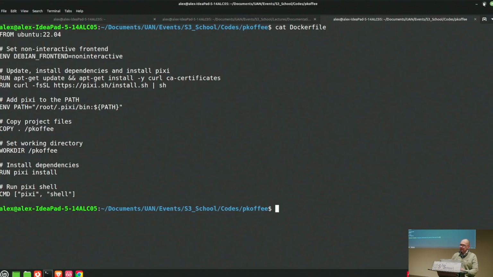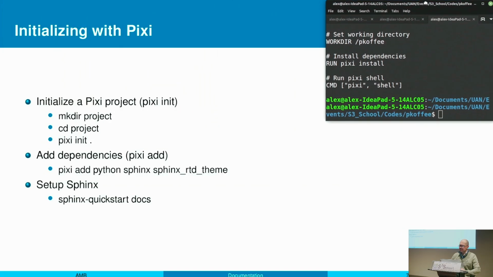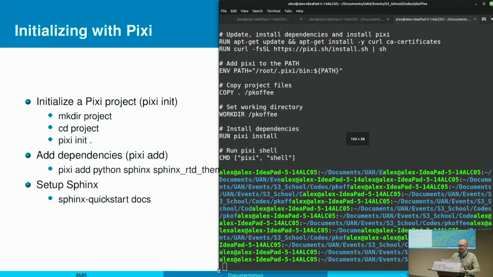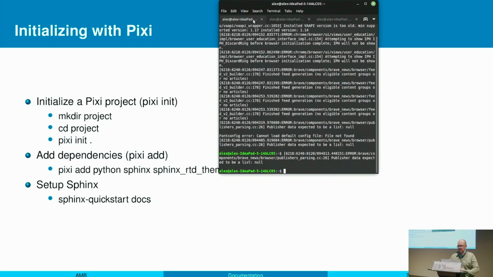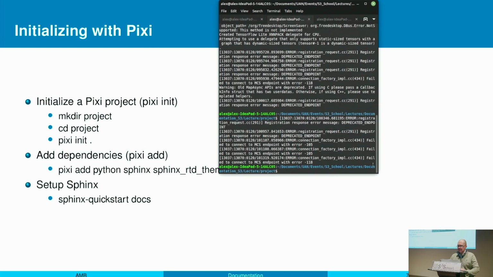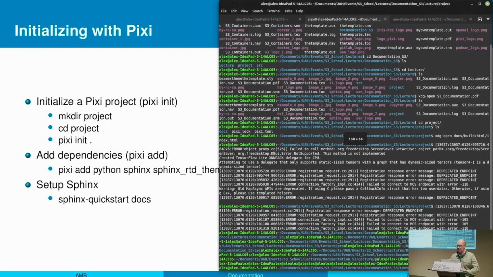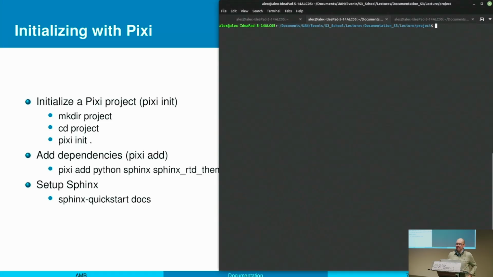Then in the hands-on session, you're going to follow the slides to follow the example. Remember that at the end, the idea is to generate the documentation for the P-Coffee project.